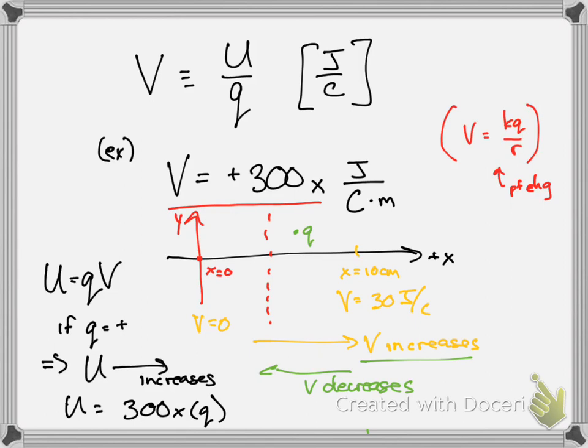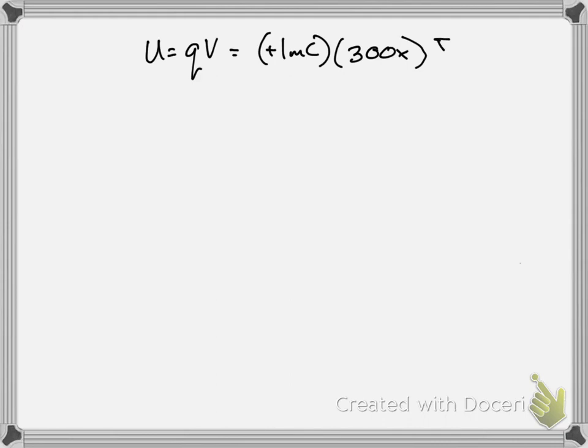Just for the heck of it, let's say Q equals plus 1 millicoulomb. So it's a charged object with a charge of plus 1 millicoulomb. So U equals QV equals plus 1 millicoulomb times V, which was 300x joules per coulomb meter.